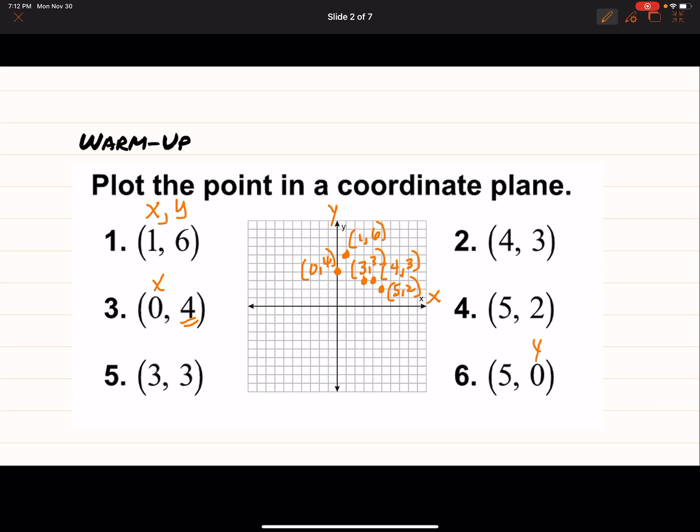When our y is 0, it means it crosses the x-axis at 5. So we are going to go over 5 units. Our y is equal to 0, so we're not going to move up or down. This ordered pair will be on the x-axis. There you go.